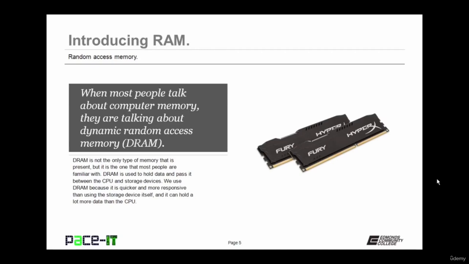We use dynamic random access memory because it's quicker and more responsive than using the storage device itself, and it can hold a lot more data than the CPU. We commonly refer to dynamic random access memory as RAM, random access memory.